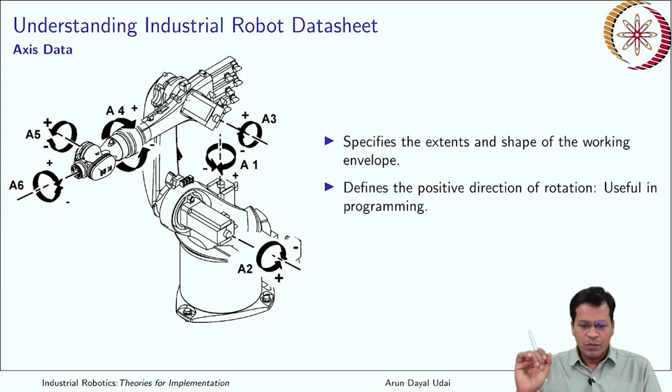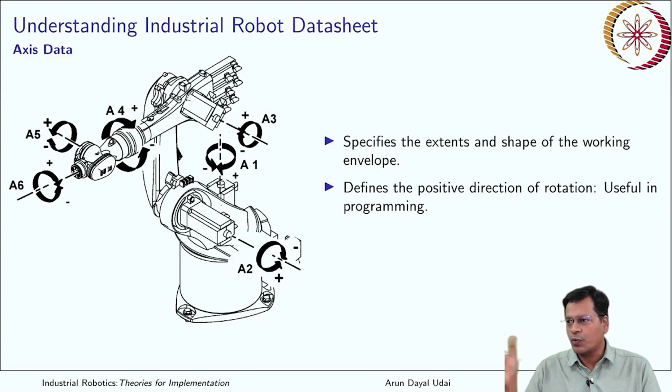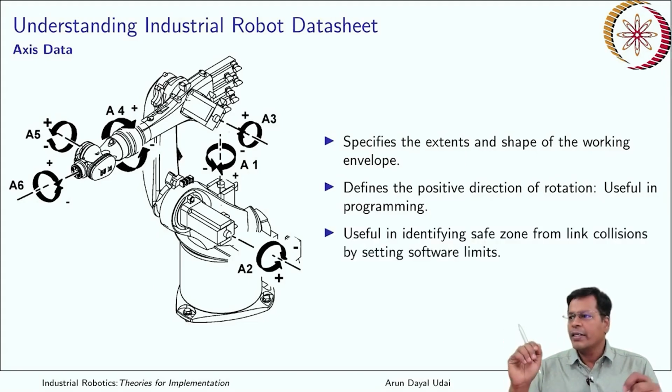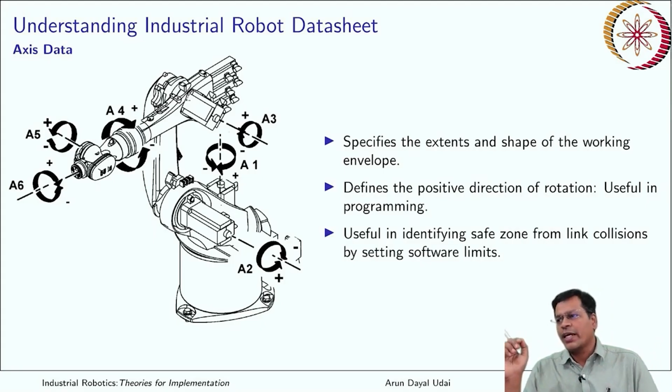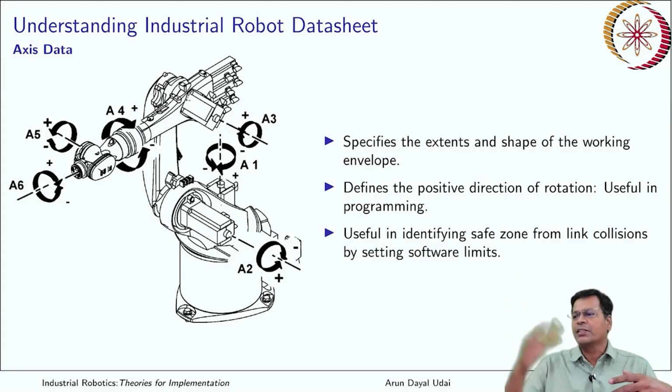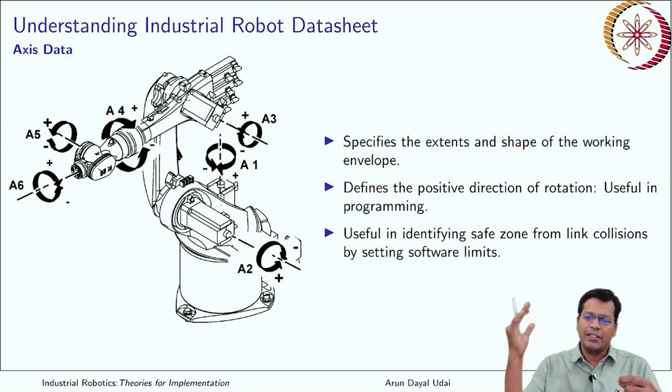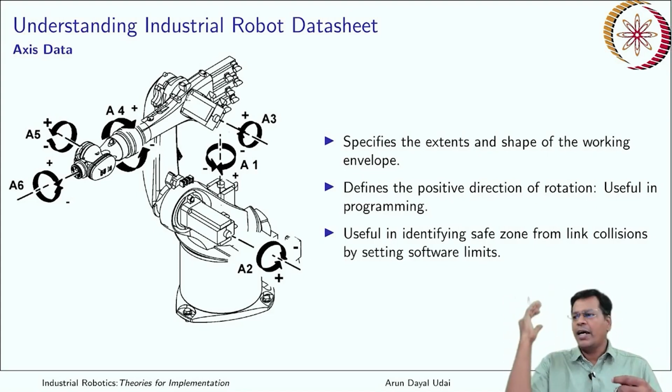Okay, so it defines the positive direction, useful in programming mostly, and it is useful in identifying the safe zone from link collision. So one can define software limits on these axes. Let's say if one of the axes moves by this much angle, it is going to cause some collision somewhere in the working environment.